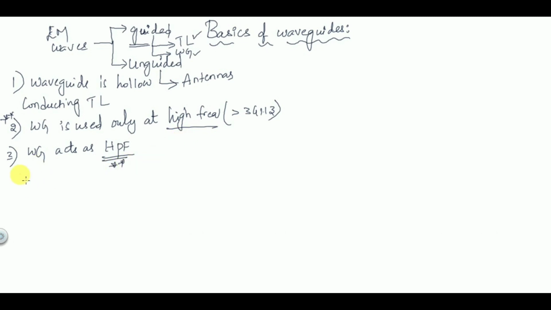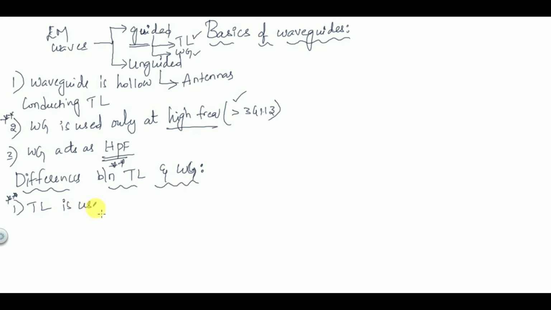Okay, so now we'll see the differences between a transmission line and a waveguide. The first difference we have already discussed. A transmission line is used at low frequencies, that is, only at the radio frequency range.